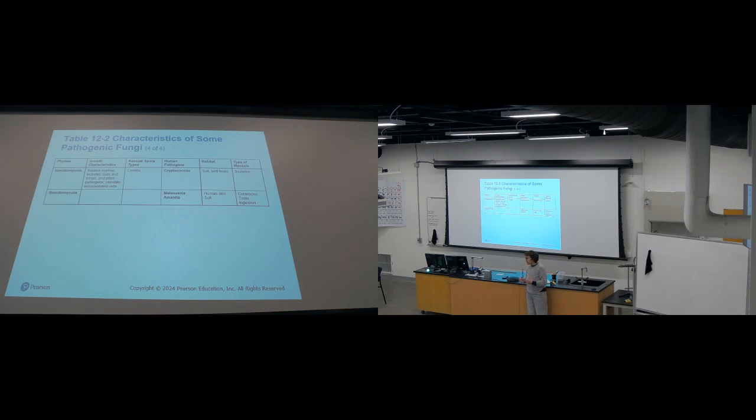And then this tinea versicolor affects the trunk area, and it gives kind of different colors. Sometimes you have tones of skin that look yellowish, tones that are purple, bluish. That's why it's called versicolor, because it has many colors. And then it can also infect the scalp.